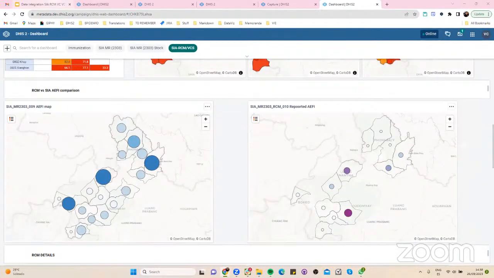And here, for example, you can also compare the AFI that were obtained from the data set of the actual vaccination campaign, and the ones that we were seeing earlier from the RCM of perceived reactions from vaccination. So, for example, this is the one that we were seeing earlier from the SIA dashboard, and this is what we saw from the reported ones from the RCM.